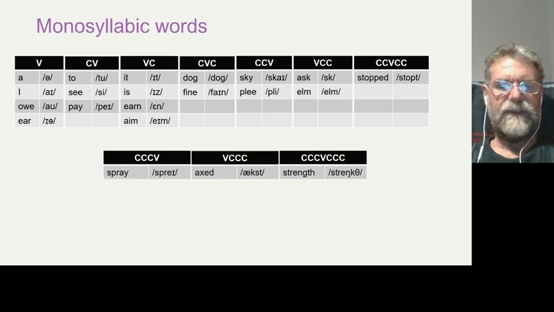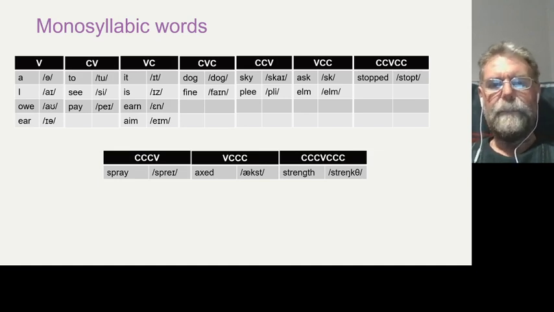So you get str and nkth together, either side of the e vowel. Okay. So that seems to be the variety of combinations of sounds and phonemes that you can get in a syllable, a single syllable.